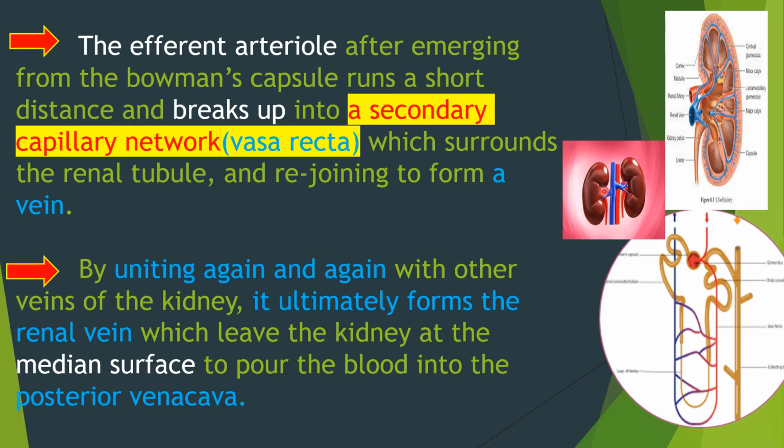This is the median surface, to pour the blood into the posterior vena cava. We know that the kidney is located on the posterior side, so the renal vein pours blood into the posterior vena cava. Understood?